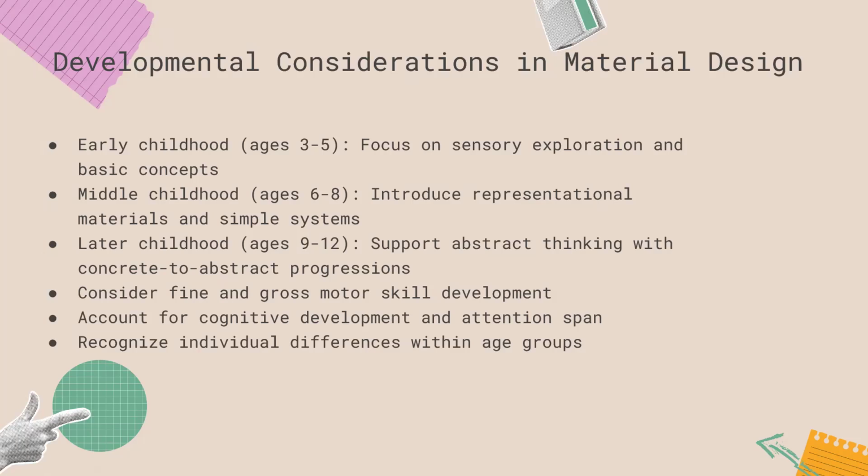Now, one of the most important responsibilities teachers have is understanding that children develop at different stages, right? Because of this, folks, educational material should always be adapted to children's developmental characteristics. During early childhood, approximately between the ages of 3 and 5, children learn primarily through sensory experiences, right?